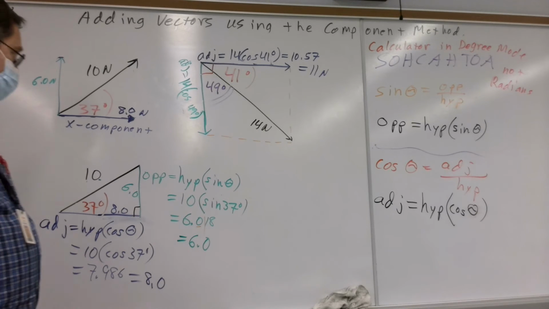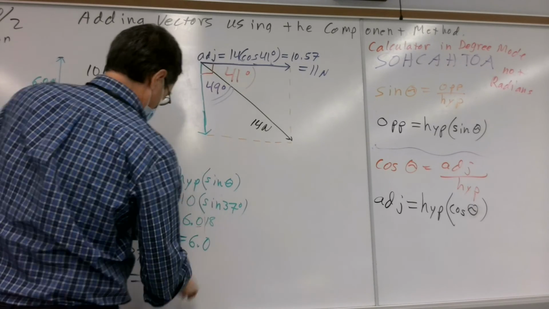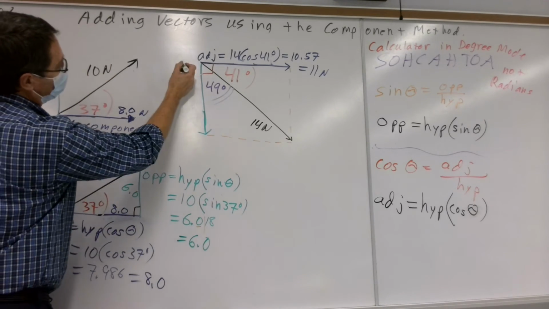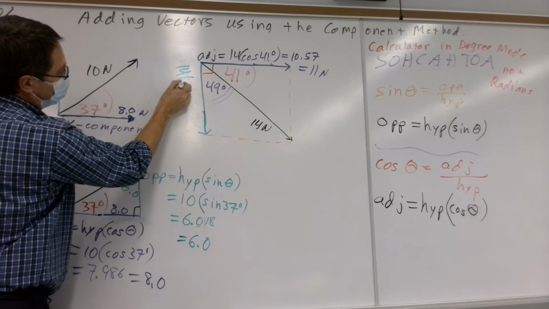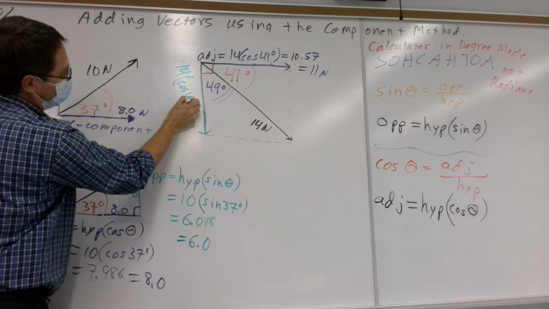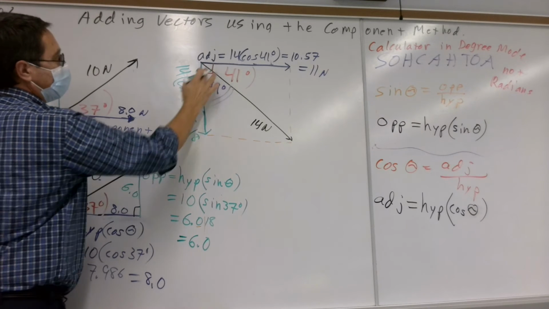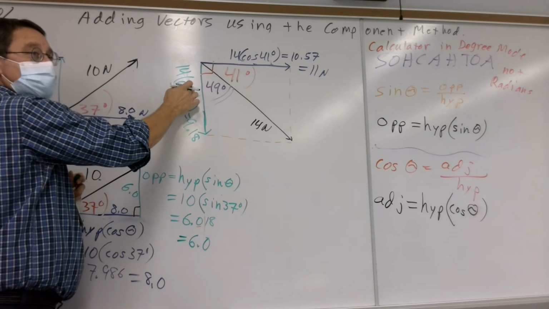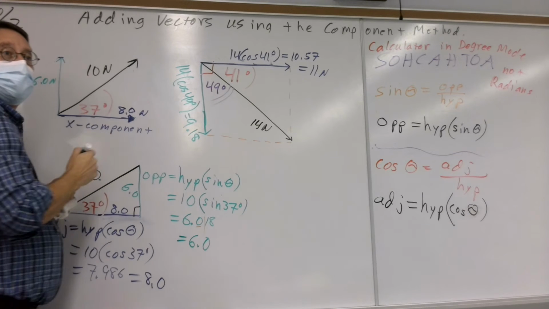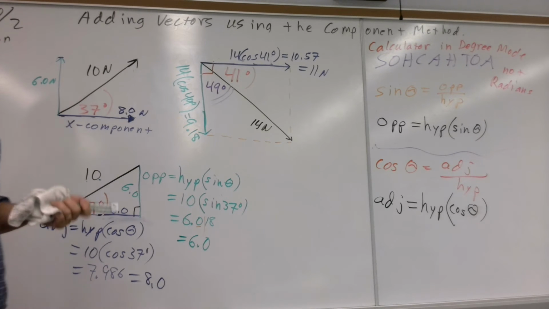Let me write this a little better. This side is 14 times the cosine of 49 degrees, which is 9.18, right? We don't need the ADJ on there because if we use the angle touching the side we're finding, touching the component, you're always just going to use cosine, right? Then you don't have to worry about whether it's sine or cosine.